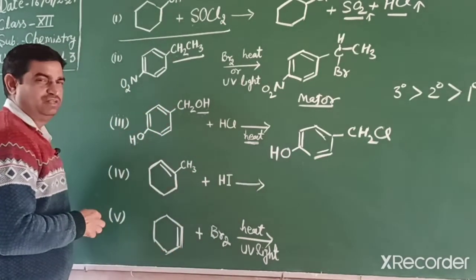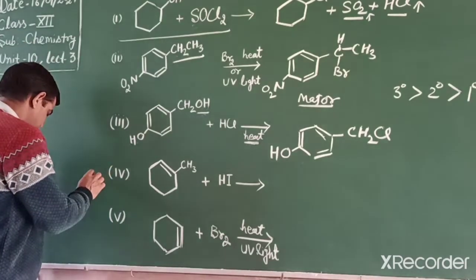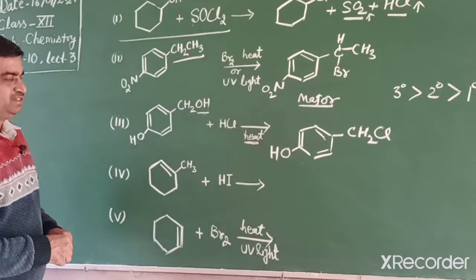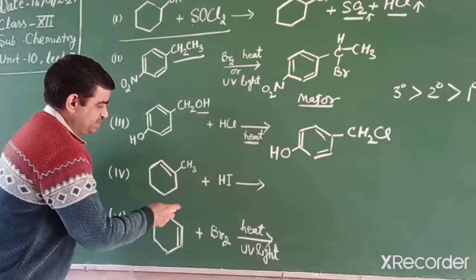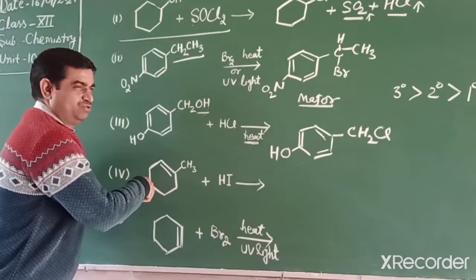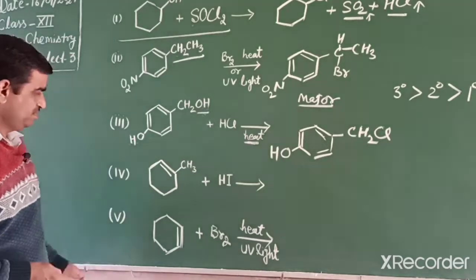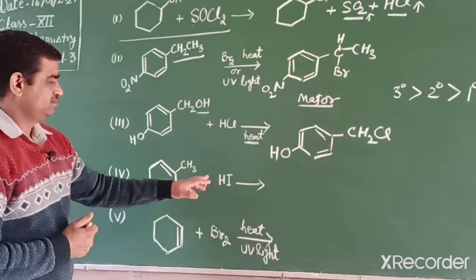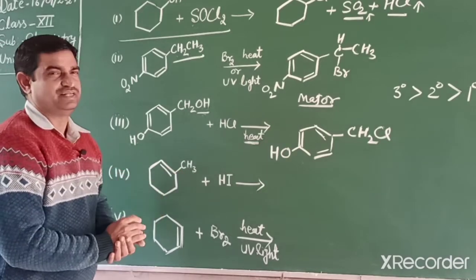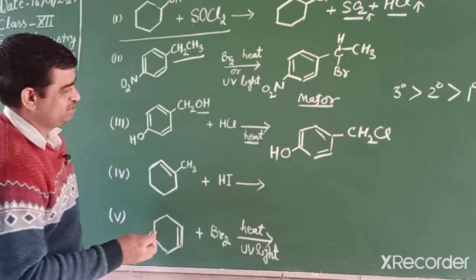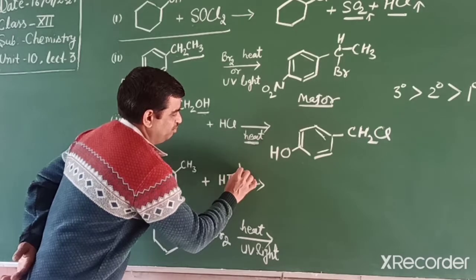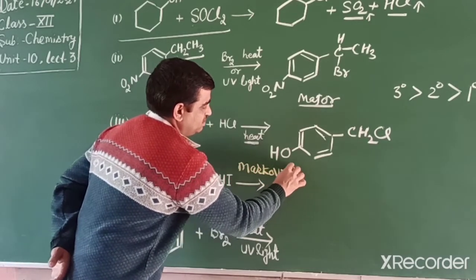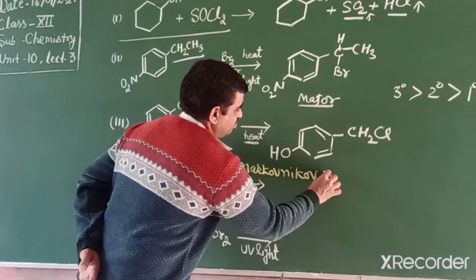Next reaction, the fourth one. Students, in the fourth one, this is a normal aliphatic compound and HI, that is an addition reaction. When hydrogen halide is added, the addition is according to Markovnikov rule.